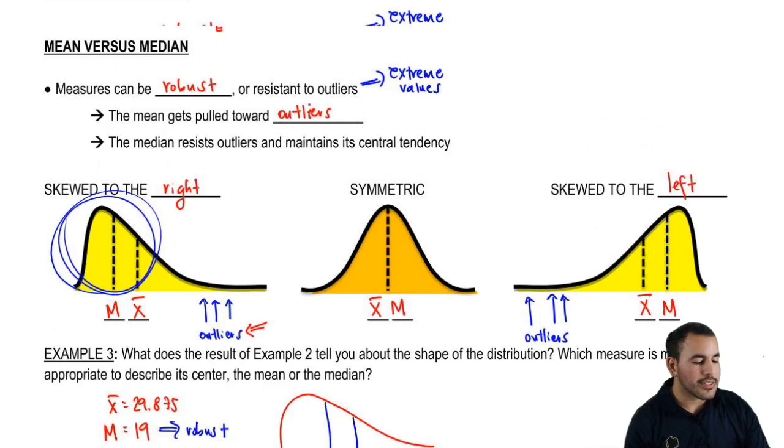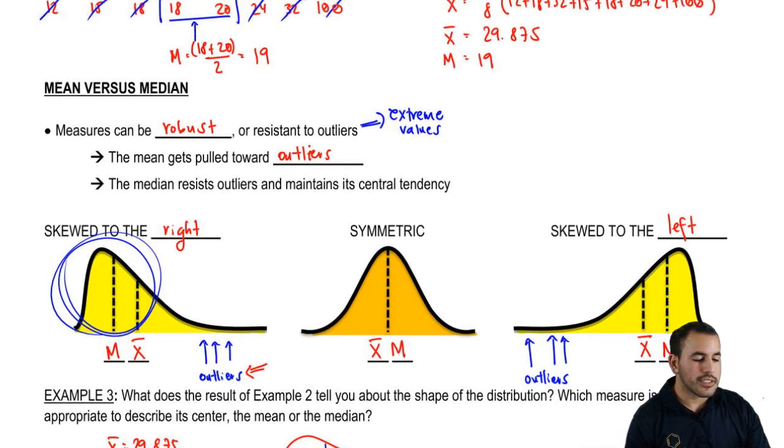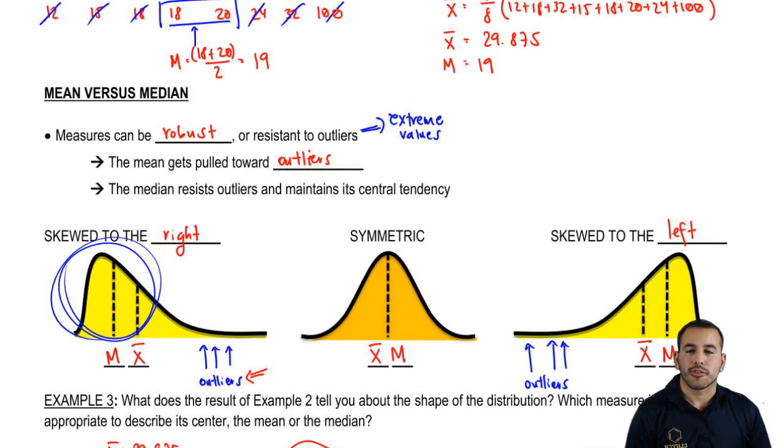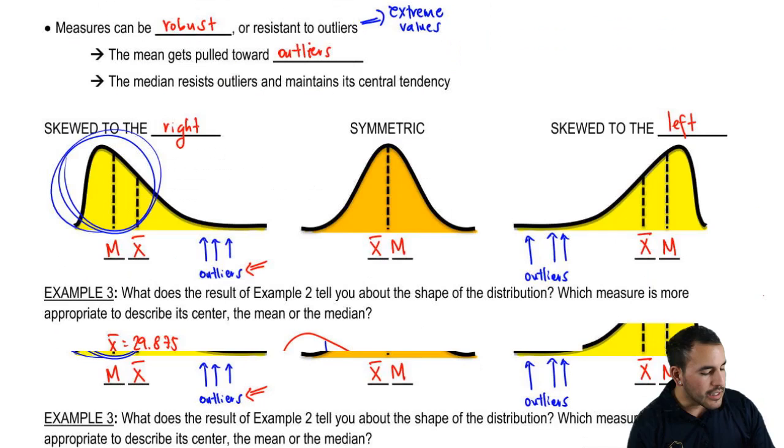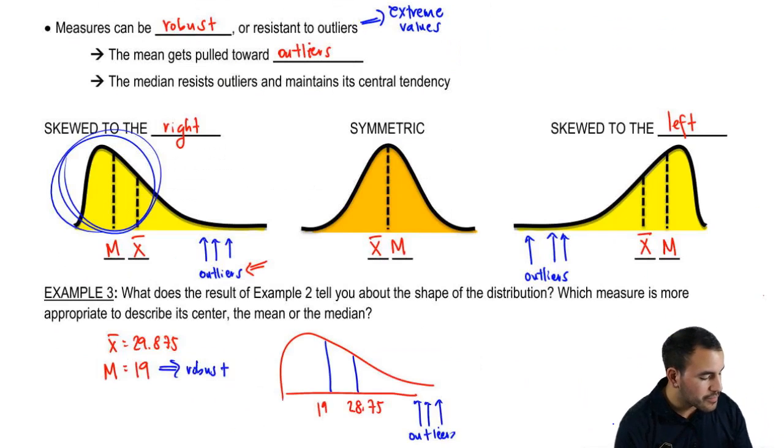So if we go back to example 2, we see our data set, we have 12, 18, 32, 15, 18, 20, 24, and 100. So which of those do you think is an outlier? Which of those, if more than one, are outliers? It's actually just 100, right? All these numbers are kind of rolling around 10, 15, 20, 30s at the highest, and then we have a random 100.